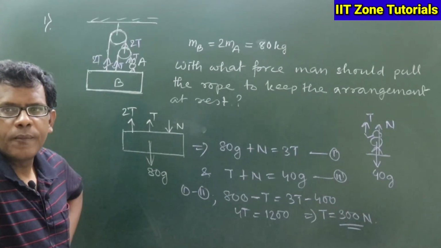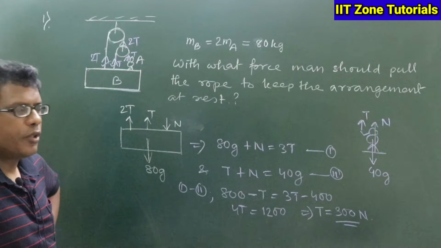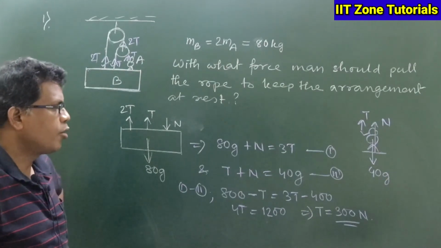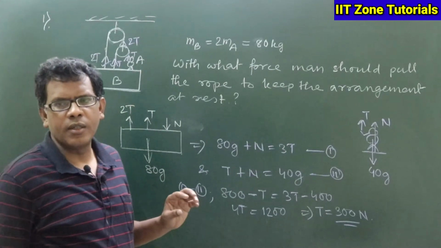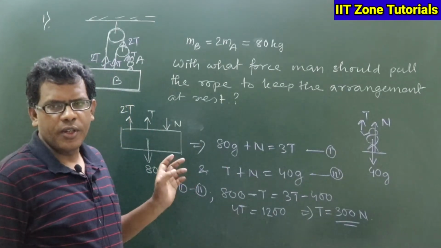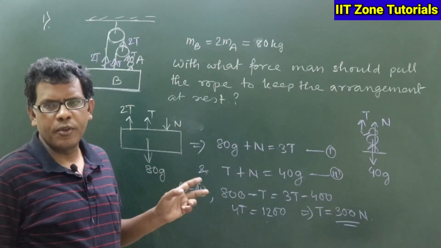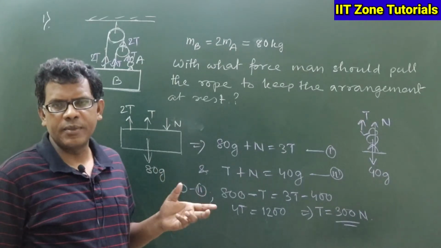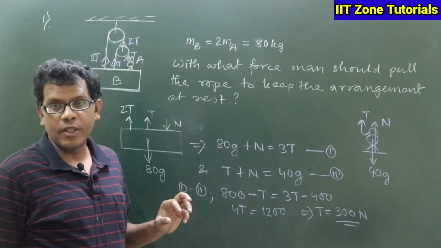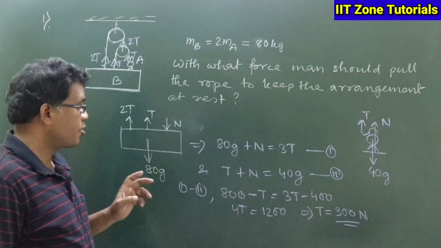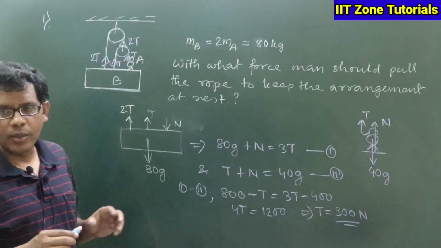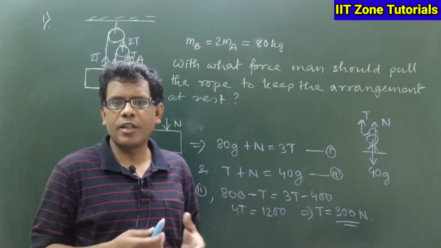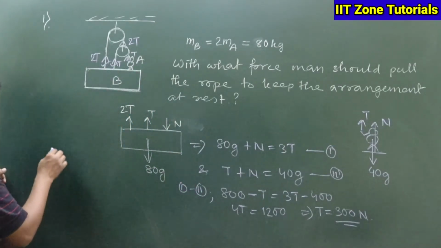So the tension force with which the man should pull the rope is 300 Newton. If you do this problem, drawing two different equations for two different masses, one for A and another for B, but because the entire arrangement is at rest, if you do the composite FBD, in that case contact force will be of no use.